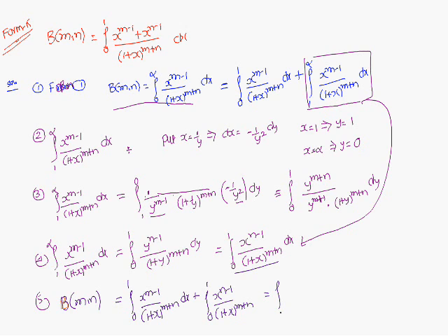This is nothing but equal to integral 0 to 1 x power m minus 1 plus x power n minus 1 by 1 plus x whole power m plus n dx. So this is the form 2 of the beta function.